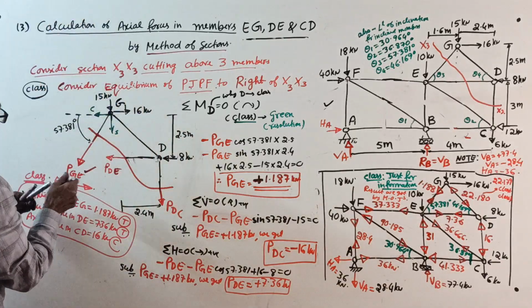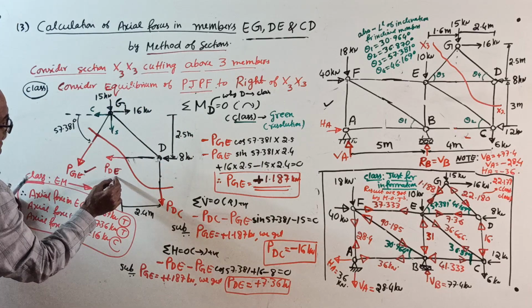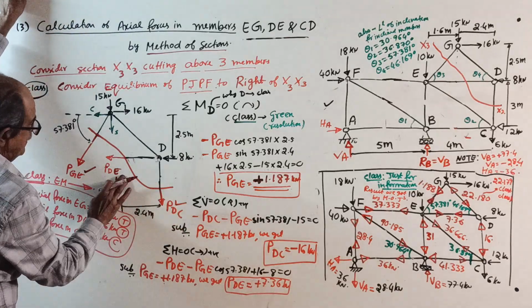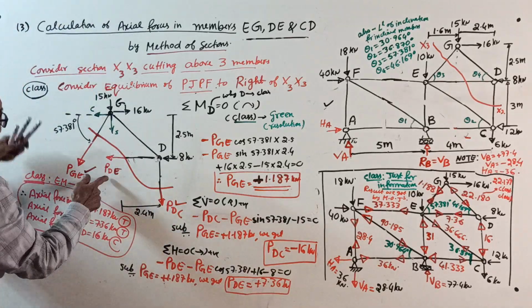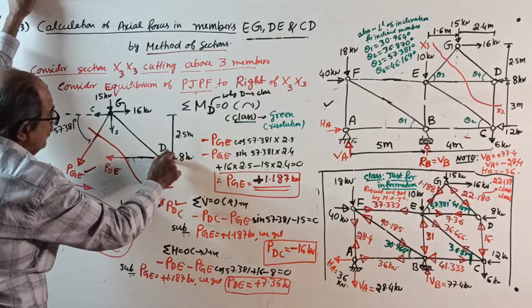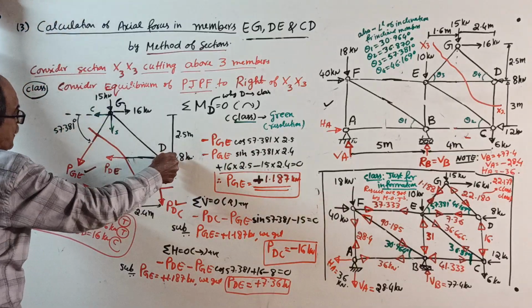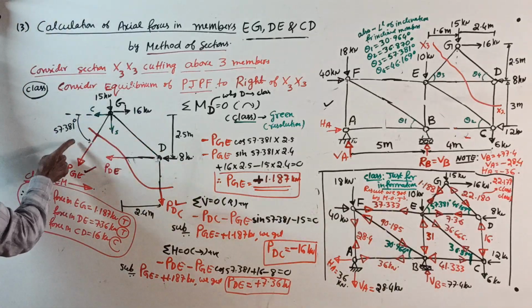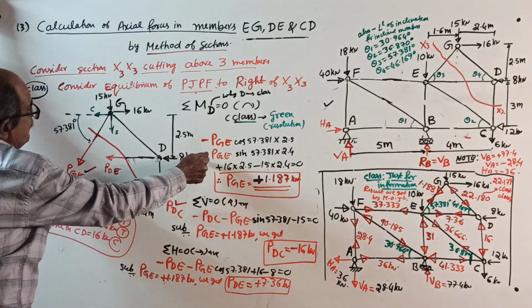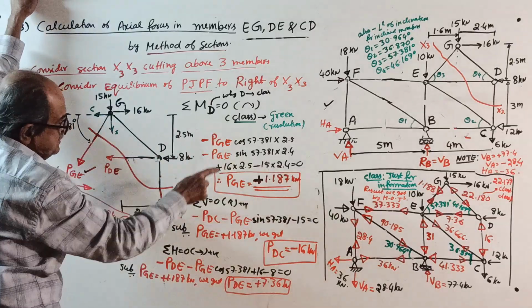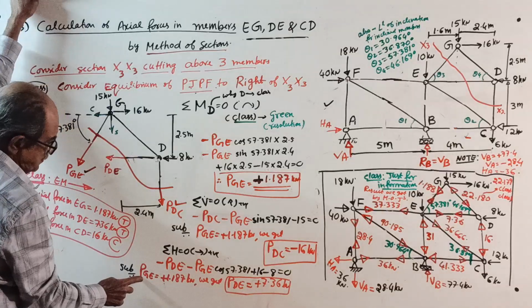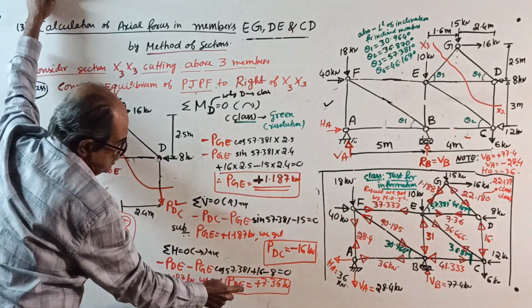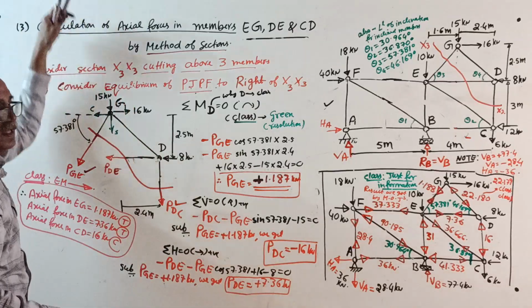Sigma H, now you know PDC. Lastly, the unknown is PDE. Sigma H equals 0, taking right side positive: minus PDE minus PGE cos of this angle minus 8 plus 16 equals 0. Substitute PGE, whatever you got there, and you get PDE.